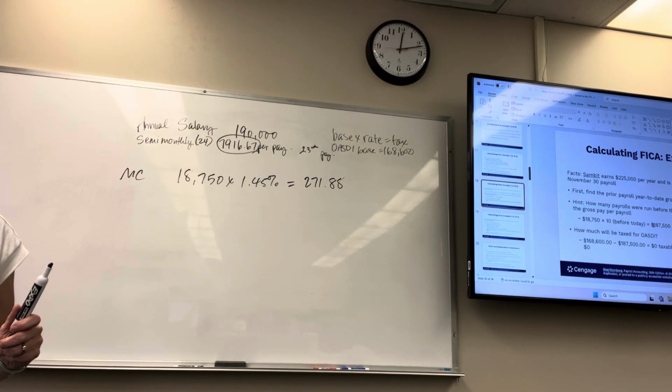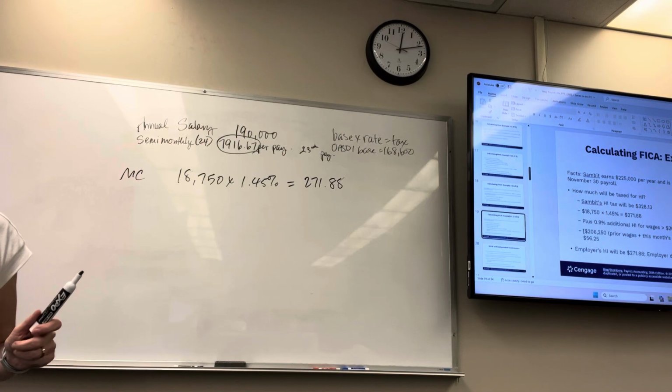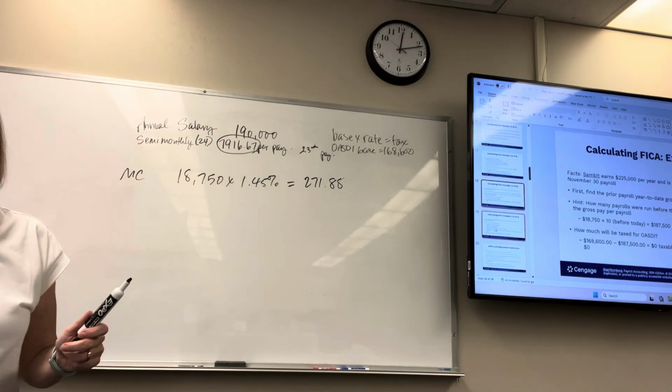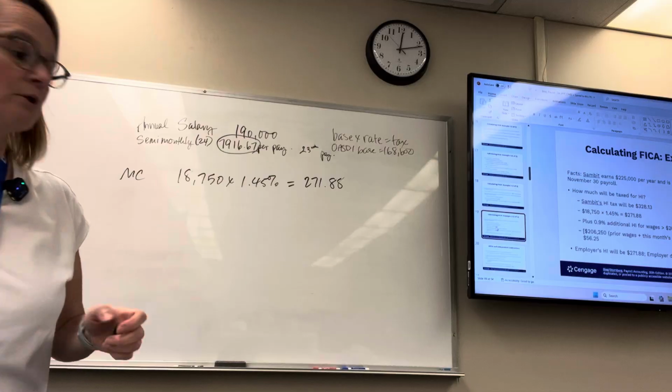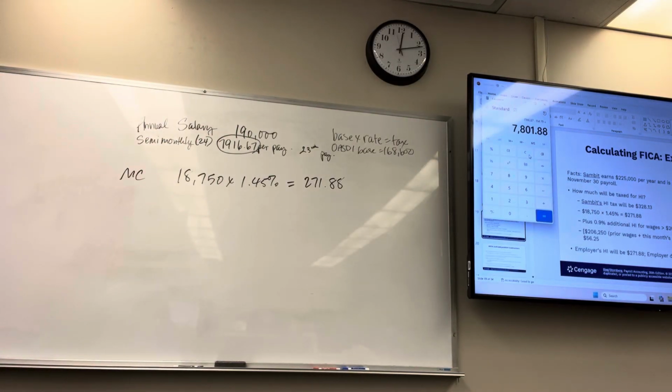Well, this one was 187.5. How'd they do this? Oh, they've already done it. So how they get the 206,250 is they take the prior period, that 187,500, add the current period, 18,750, 206,250. That's where they got that.